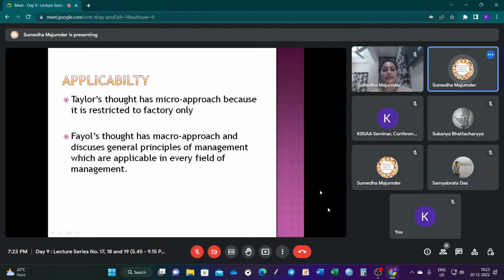Taylor's thoughts are at the factory level. It is applicable only for the micro approach, because it is only the factory level. But in case of Fayol's thought, it has the macro approach. That means here the general 14 principles of management are applicable for the management, so that the managers can easily handle the workforce within the organization.